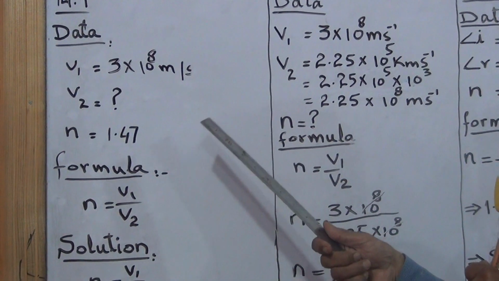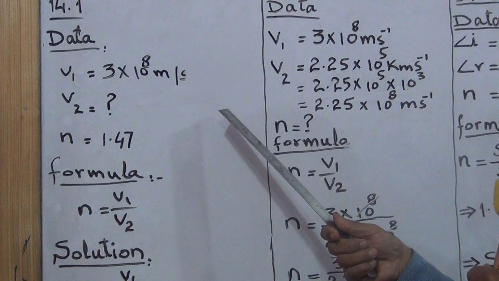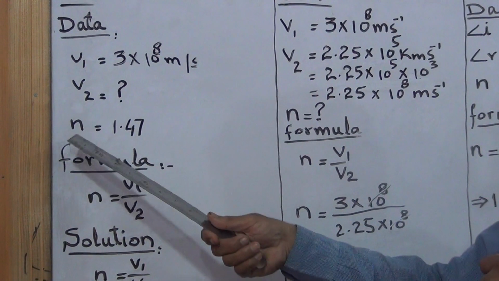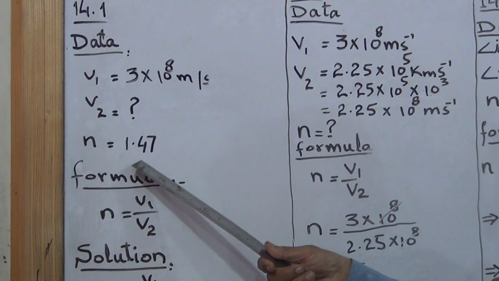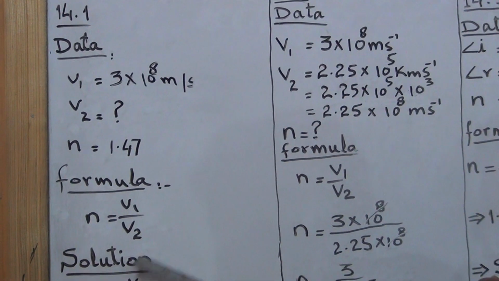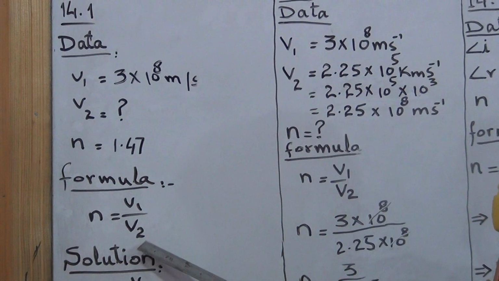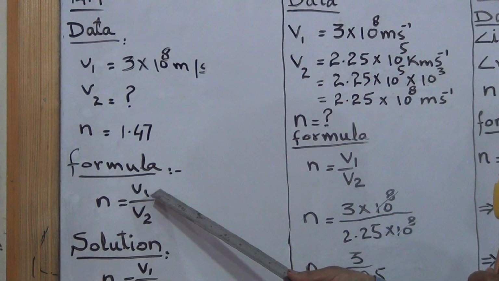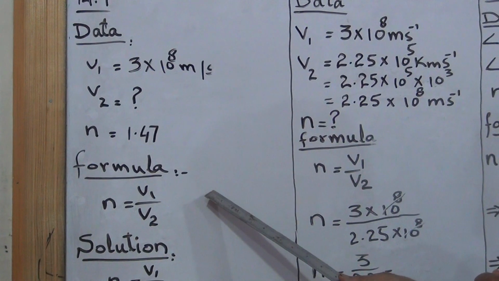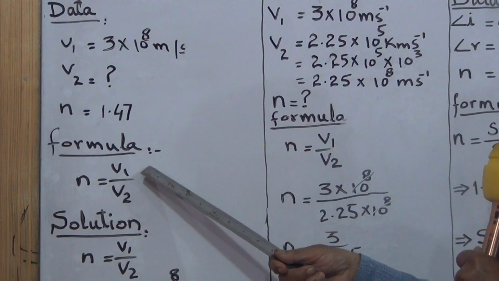Other media, like glycerine, water, glass, are the other medium. So refractive index is 1.47. Our formula is n is equal to V1 upon V2. V1 is the velocity of light in air, that is fixed, constant. But V2 is for the other medium.